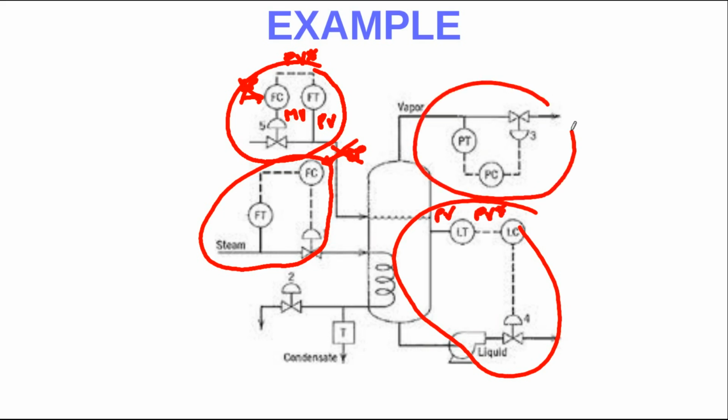Here we have a new diagram, a new control loop. It's also a feedback control loop, but this P is for pressure. So that's why here we have P for pressure, T for transmitter, so this is the process variable, this is the process variable electrically translated.